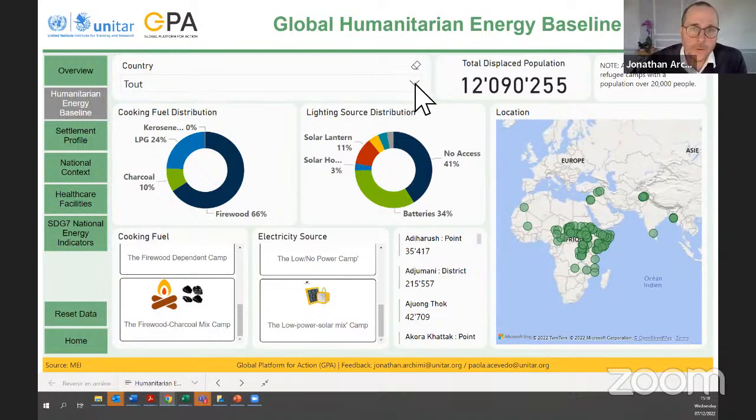So here it's informed mainly on two energy access levels, the cooking technology and the electricity access, which is here represented by lighting source distribution. Paola, if you want to go to the next slide.